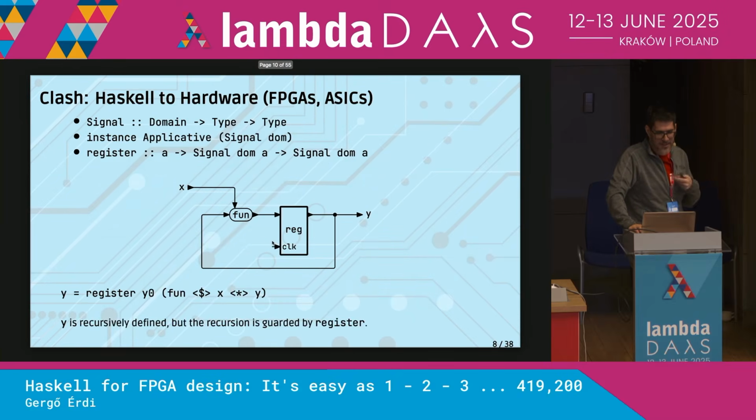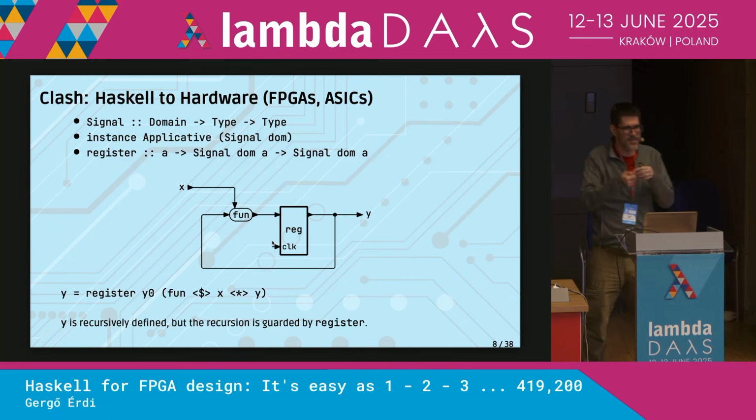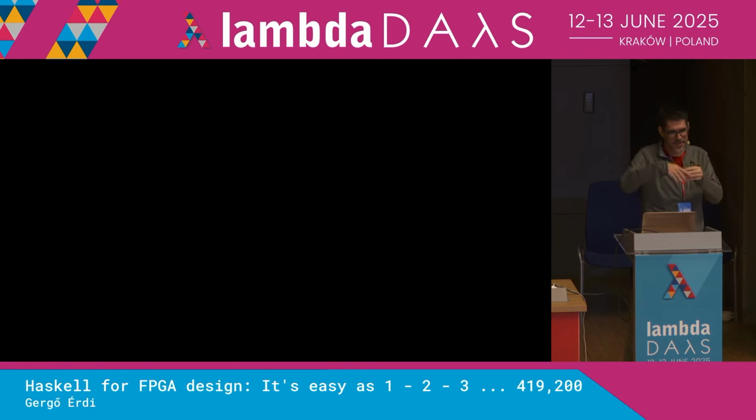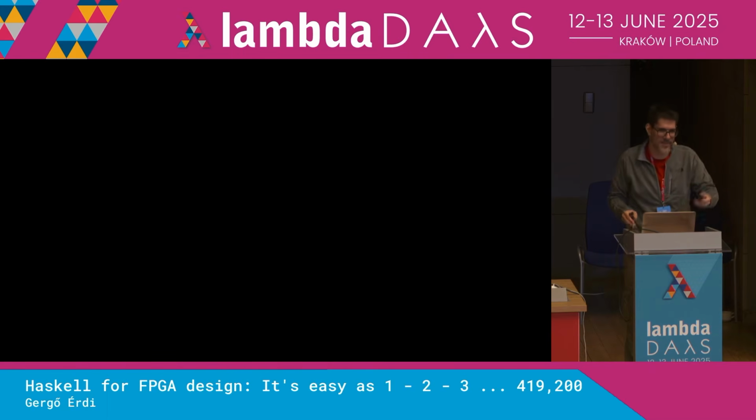The signal type constructor is indexed by the clock domain, so you can only combine signals that come from the same clock domain. Of course, there are combinators to cross clock domains, but you're never accidentally crossing clock domains, and that's something that you don't get with VHDL or Verilog, as far as I know.